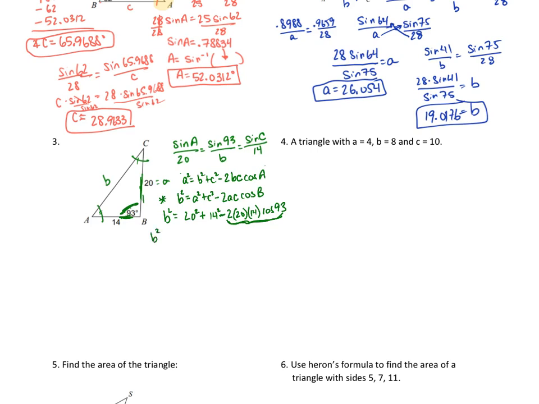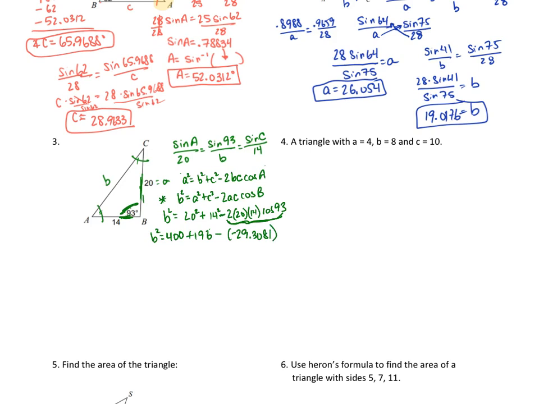So b squared equals 20 squared, which is 400, plus 14 squared, which comes out to be 196, minus 2 times 20 times 14 times the cosine of 93. I'm going to multiply all that together, and I will end up with negative 29.308.